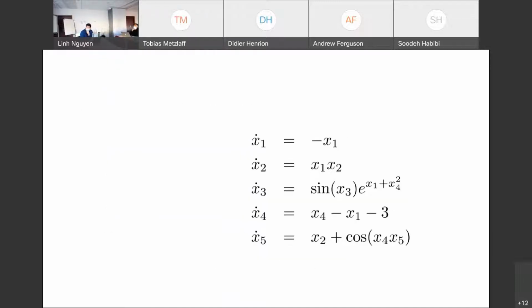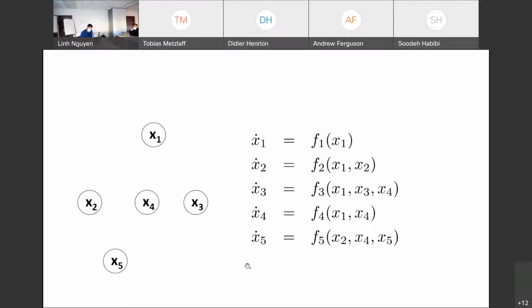To give an example, let's look at this dynamical system here. How can we display a subsystem? First of all, to illustrate this, we make nodes for a graph for each of the states. In the second step, something a bit rough happens: we totally forget about the exact relations.